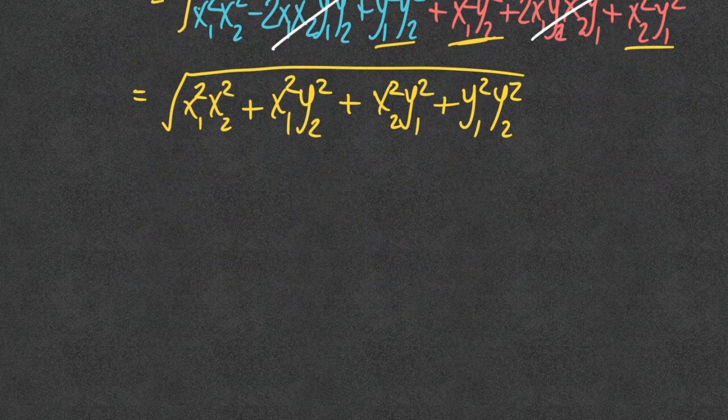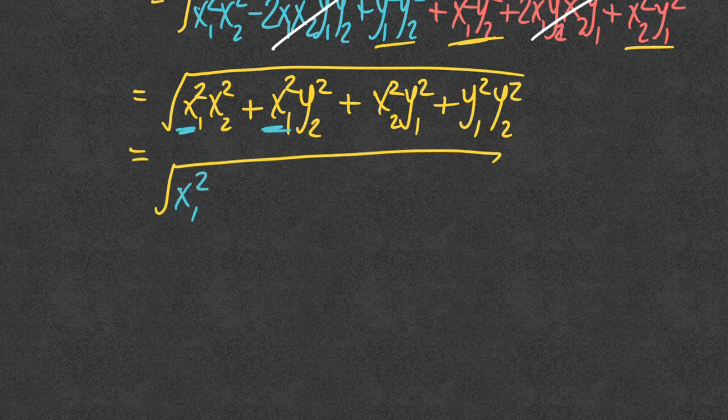And so I have that this equals, well, these first two terms right here, they both have an x1 squared, so I'm going to factor that out. And the stuff left over is going to be x2 squared plus y2 squared. Plus, and it looks like both of these have a y1 squared that I can factor out.